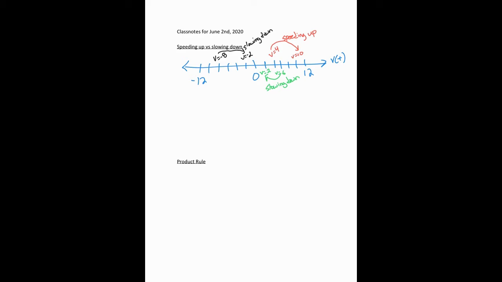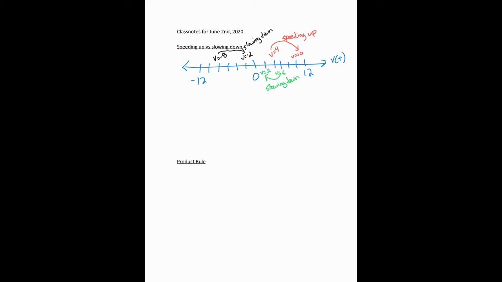So in that red arrow, my velocities are increasing, but I'm speeding up. But in the black arrow, my velocities are increasing, but I'm slowing down. So what we have to pay attention to is not just are the velocities increasing or decreasing, but we also have to pay attention to are the velocities positive or negative. Let's do one more.